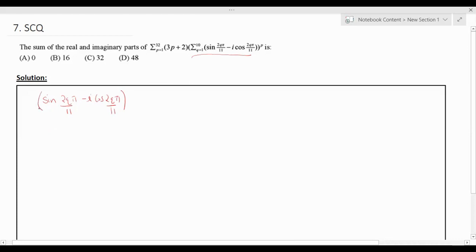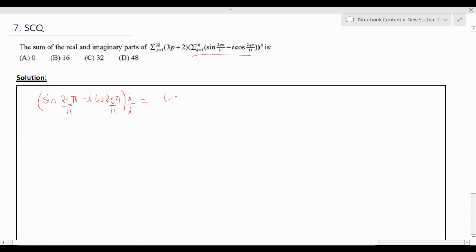This term should look familiar to you if you have studied one concept, nth root of unity, because this is a slight modification of that. So to make it exactly one of the nth roots of unity, I'm going to multiply by i and divide by i. When you multiply this i with this i, you will have i square, minus 1 will become plus.